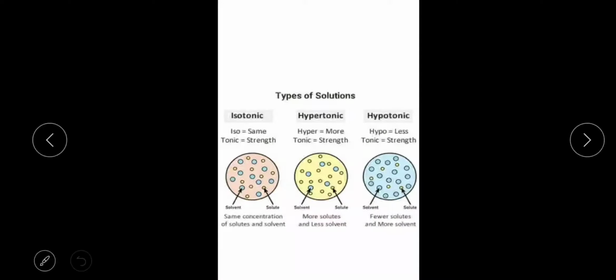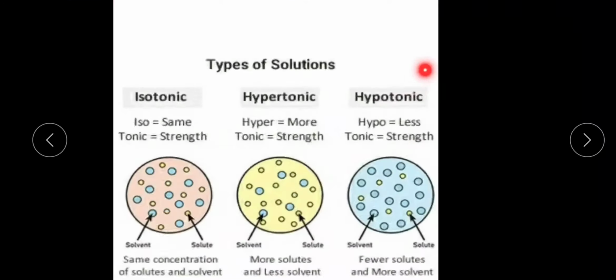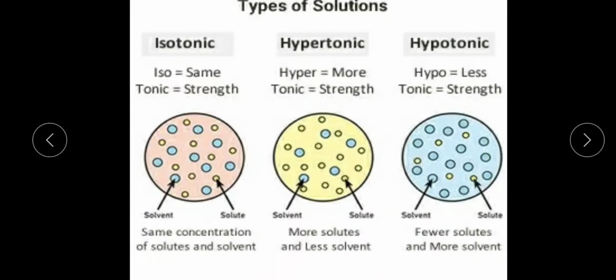So next is the term types of solution. One is isotonic, one is hypertonic and hypotonic. Iso means having the same, tonic means strength. Similarly hypertonic means more strength, hypo means less strength, depending upon the concentration of the solutes as well as the solvent. Isotonic has the same concentration of solute as well as solvent particles, as in this particular cell.